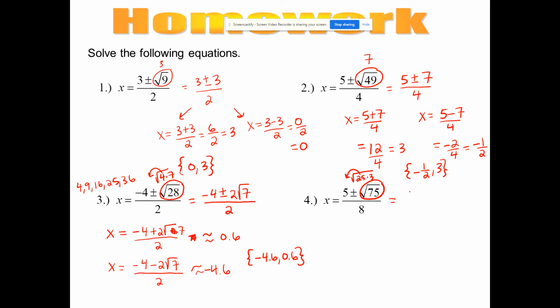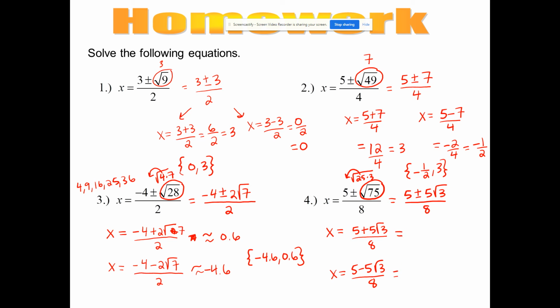So we end up with 5 plus or minus 5 rad 3, because the 3 is not a perfect square, it stays under the radical, and this is over 8. All right, so my two solutions are 5 plus 5 rad 3 over 8, and 5 minus 5 rad 3 over 8.